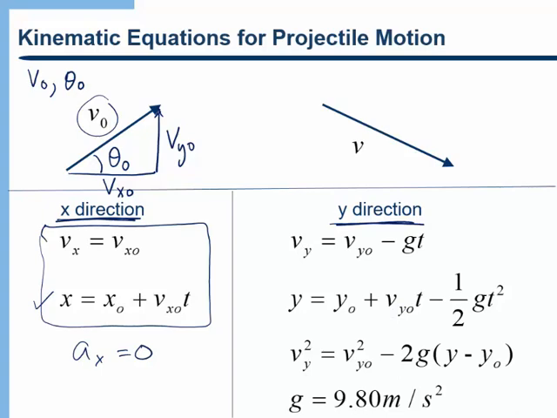At the end of a problem, if you want to find the final velocity v and final angle theta, you'll notice to do that, we once again have to use what we know about vectors. We know that the final y component and final x component can be used with the Pythagorean theorem and the inverse tangent to go back to the final magnitude and direction of the velocity.